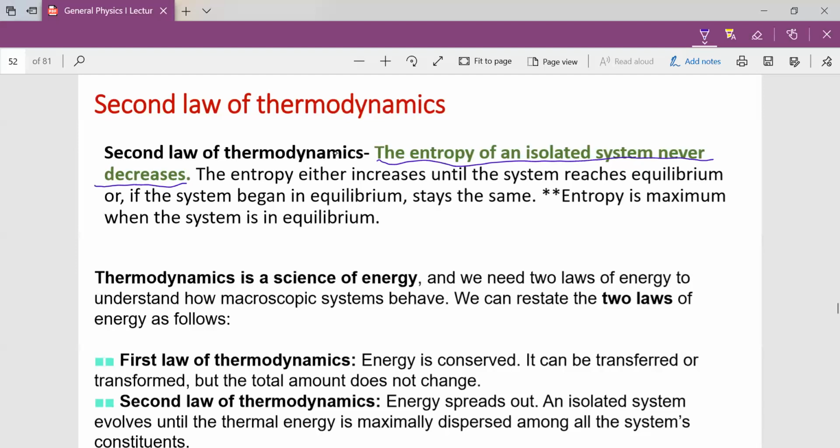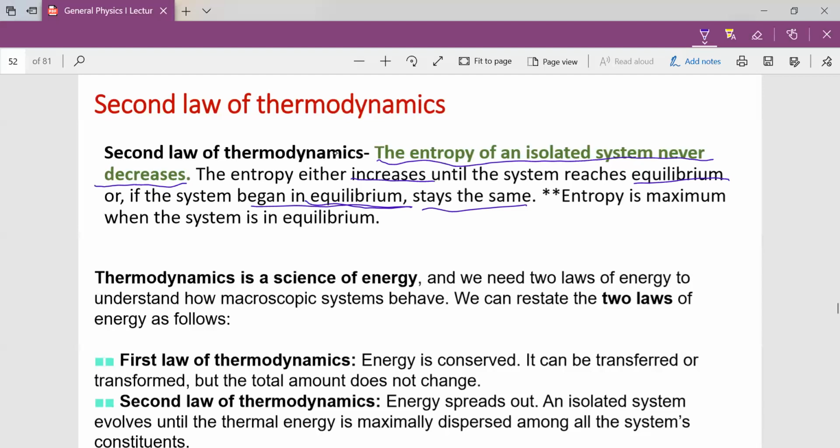So if the entropy is not yet at its maximum, or the system has not reached equilibrium, it will keep increasing. But if the entropy started from when the system is at maximum, it remains so. It's not going to drop. It cannot go down.